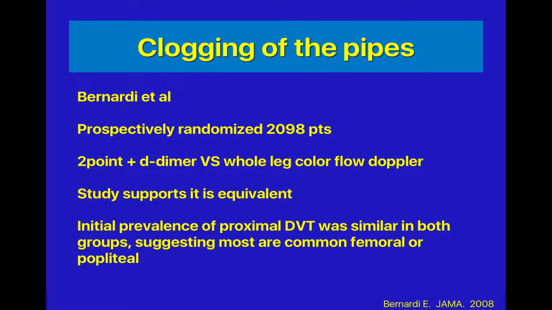Just a few years ago, there was a study by Bernardi and others that had about 2,100 patients. The 2-point study of the vessels and a D-dimer versus a whole leg color flow Doppler was equivalent. The initial prevalence of a proximal DVT was also similar in both groups, suggesting that most are common femoral or popliteal.